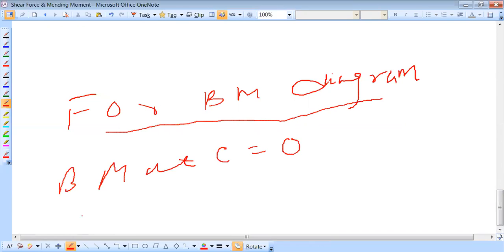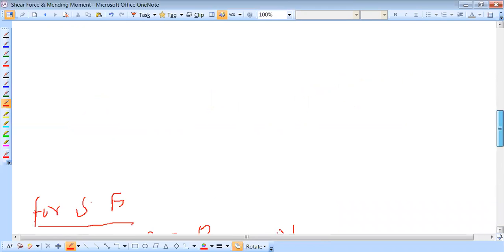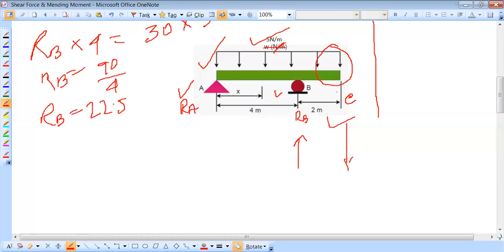Then BM at B, not taken just before, because when you find the BM at any point, if you stand at point B and find the moment at point B, it equals 0. That's why we need not take just before B. If we take it, then it will become 0. So just take the right hand side of these sections and find out the moment.